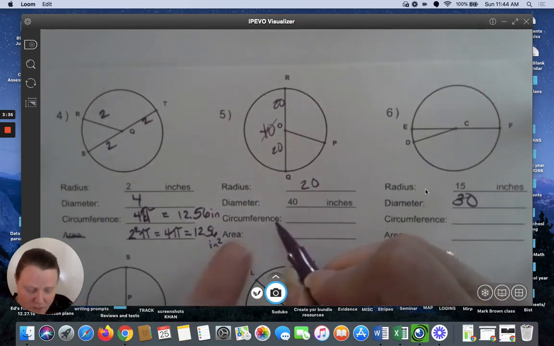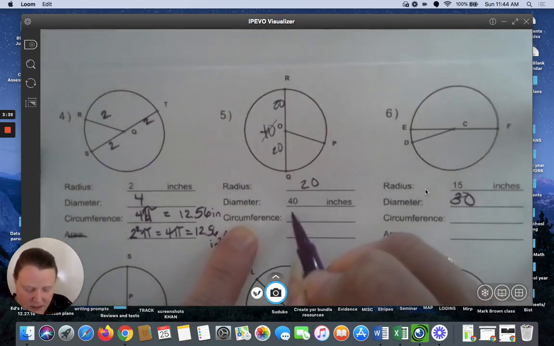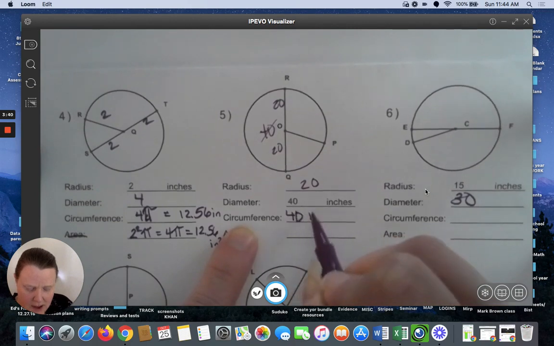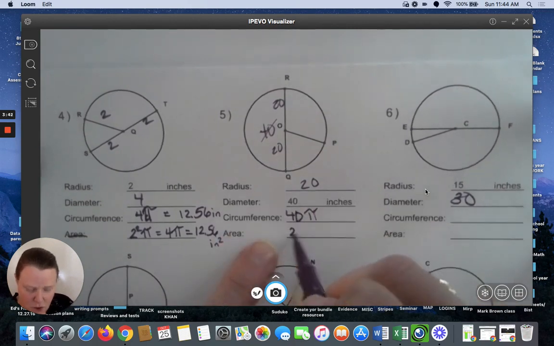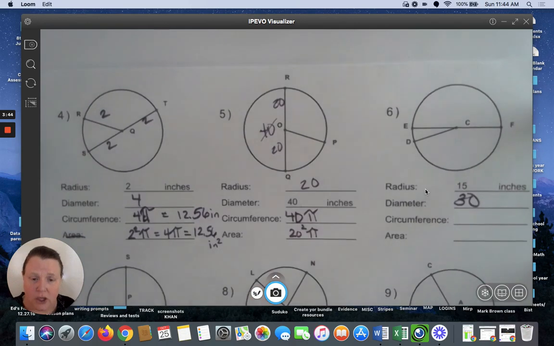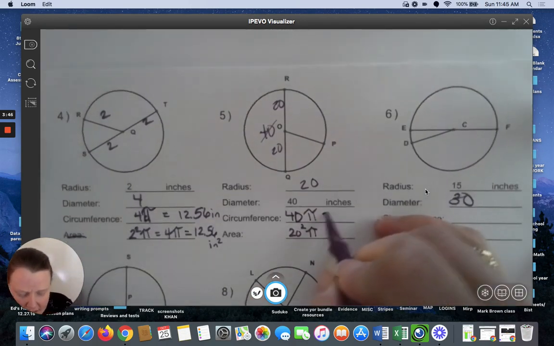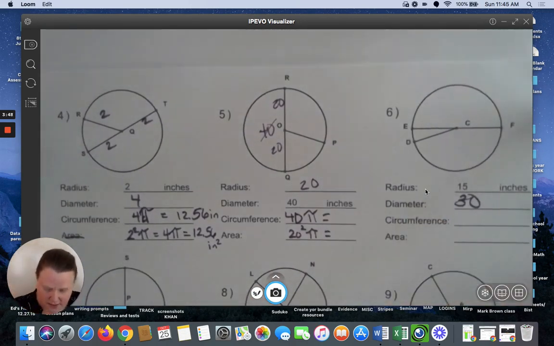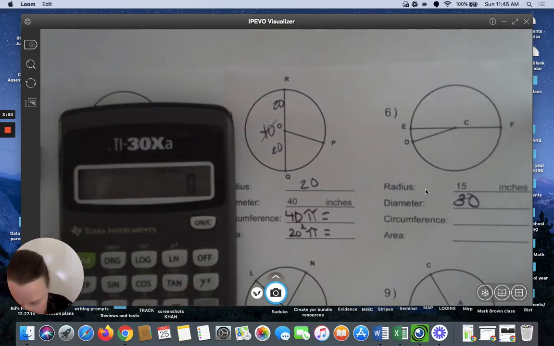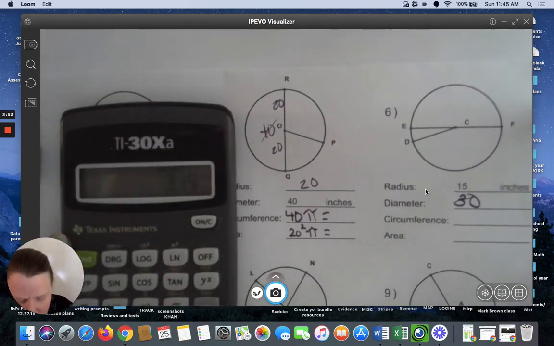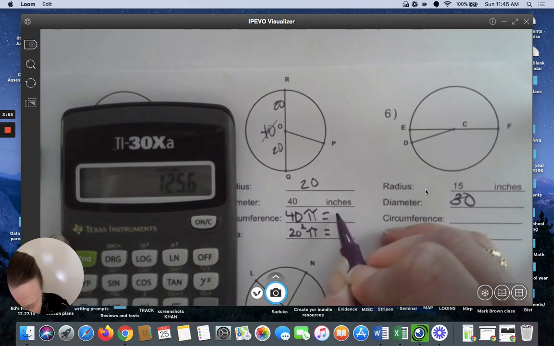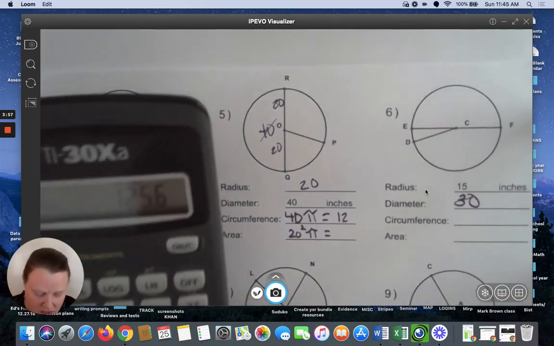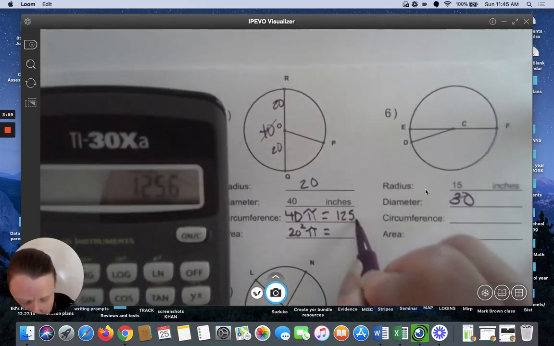If I have the circumference, remember it's the diameter times pi, so it's 40 pi, and this one would be 20 squared pi. I could be done, or I could go ahead and simplify them out. If I need to simplify them out, this would be 40 times 3.14, which would be roughly 125.6.